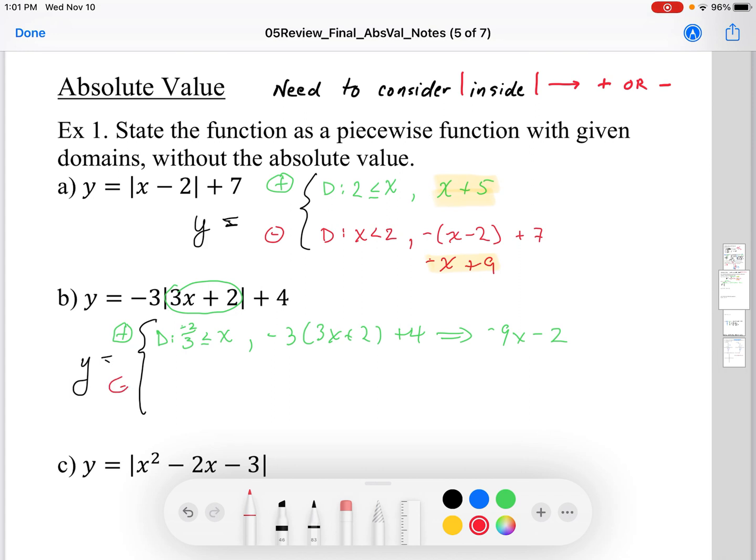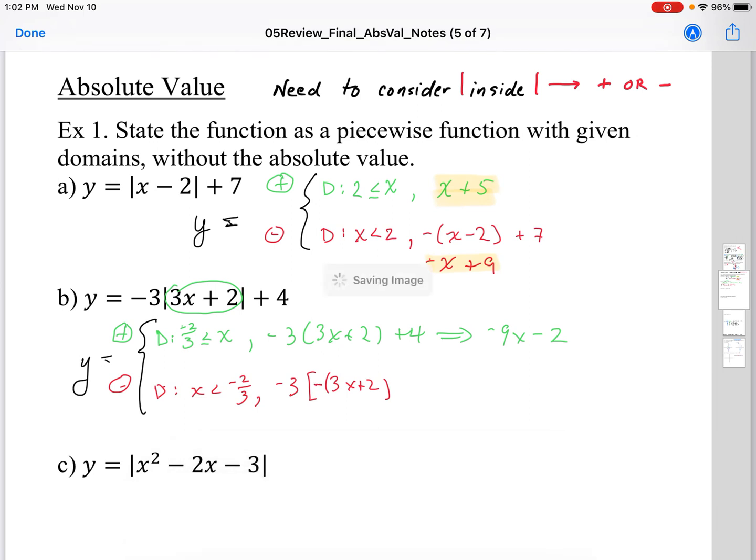There's also the negative domain of this, and the domain is going to be based on when x is on the other side, so less than negative 2/3. And then when we do this, we're going to get negative 3. And the 3x plus 2 is going to be negative. So to make that negative positive, we're going to introduce that extra minus on the outside.